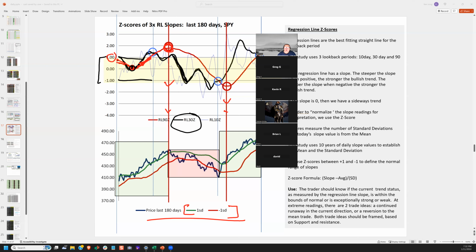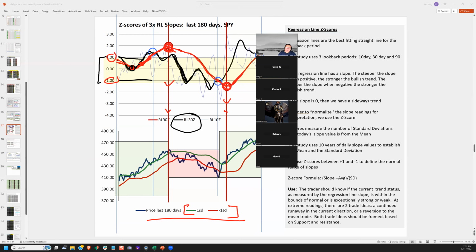And then it continued all the way up to just short of a z-score of 2. And then it started to roll over and then went through a long period of decay in which its slope got to the bottom of normal at -1, and then continued all the way to minus 1.5 when it began to improve.